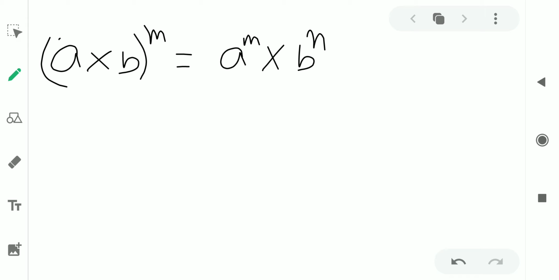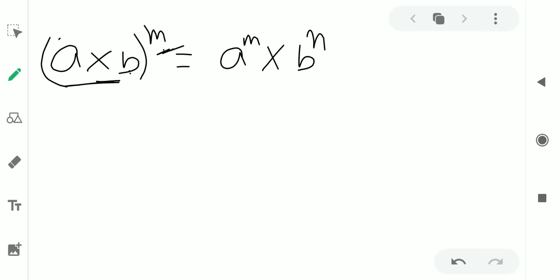If we have two or more numbers in multiplication inside the bracket, and they have the same power, we can write this power with each and every term, keeping the multiplication sign.